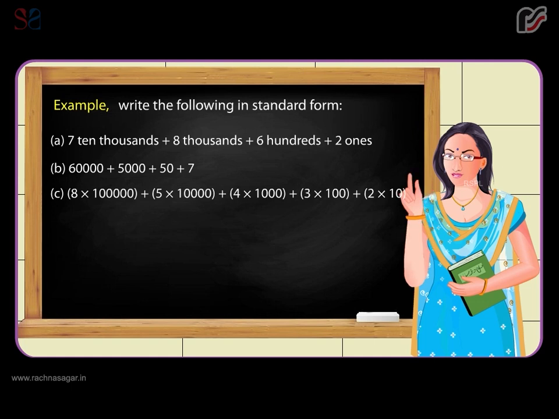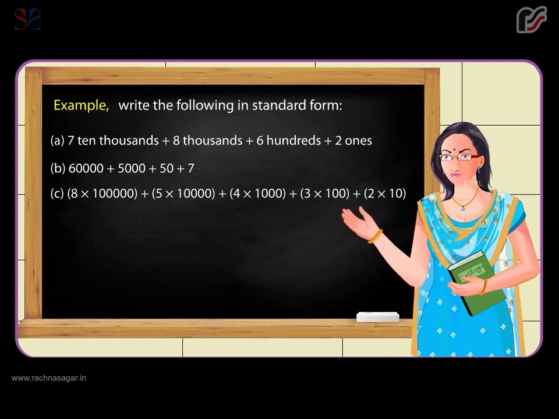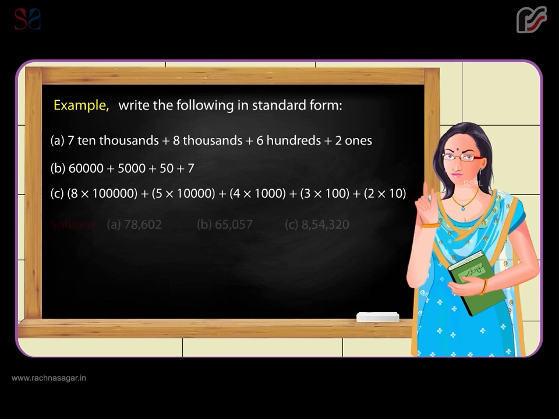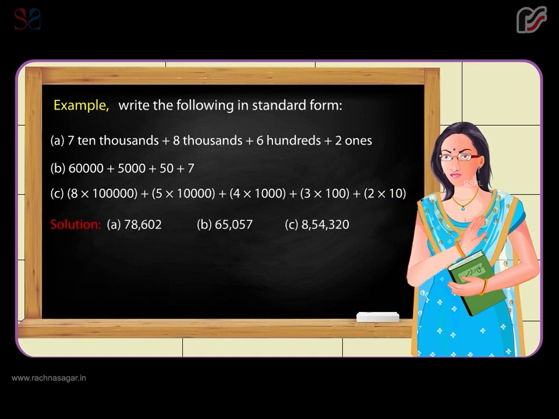C. 8 into 1 lakh plus 5 into 10,000 plus 4 into 1,000 plus 3 into 100 plus 2 into 10. Solution. A. 78,602. B. 65,057. C.